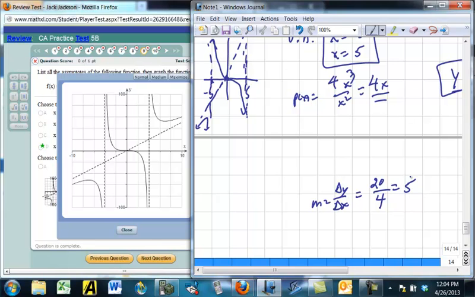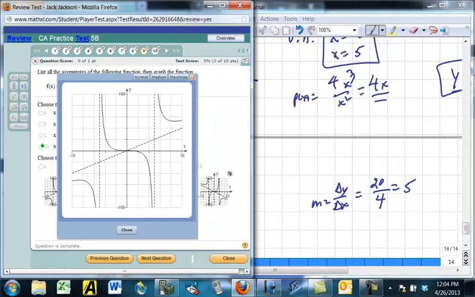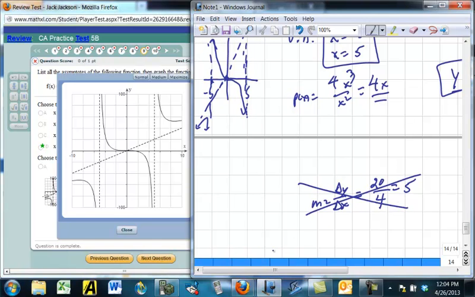That's not quite what we needed. We needed a slope of 4. Okay, so let's try this one and see if it's better. Okay, so here we're going 5 to the right. 5 is our delta x, and our delta y is 20, and that's a slope of 4.